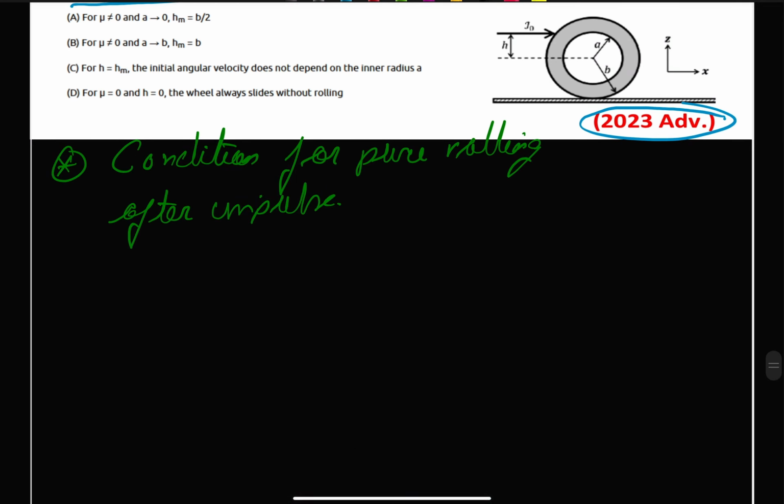And first is our linear momentum after impulse.